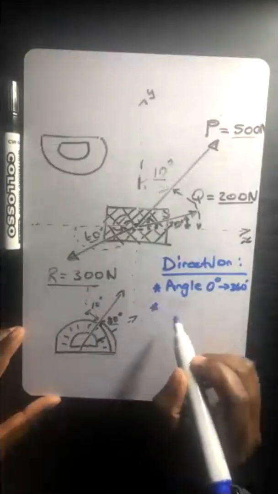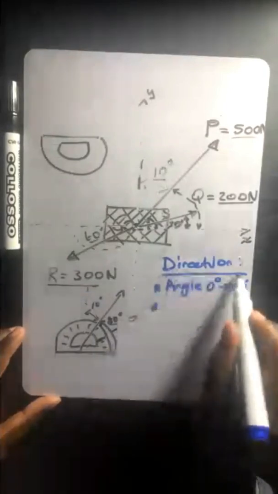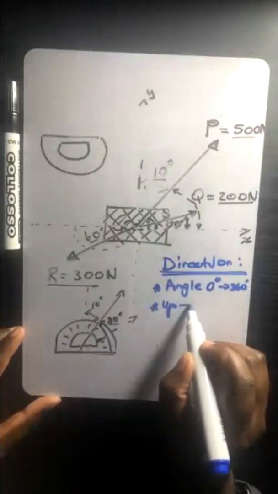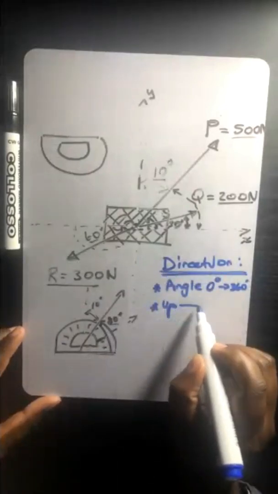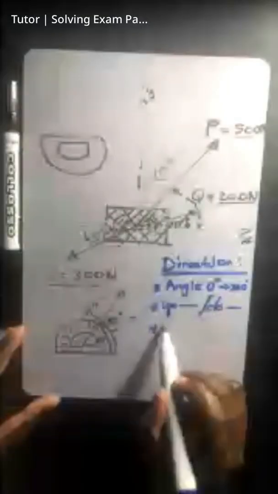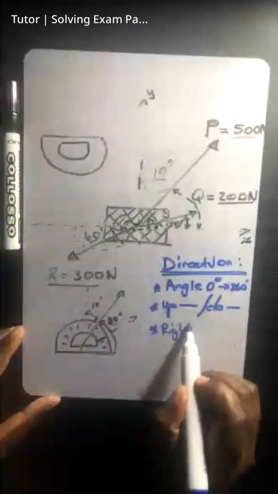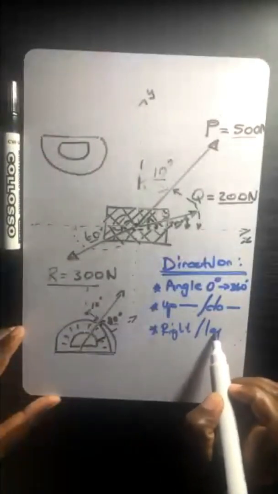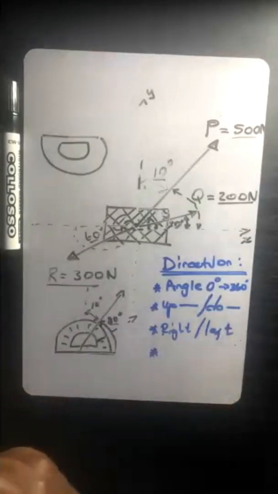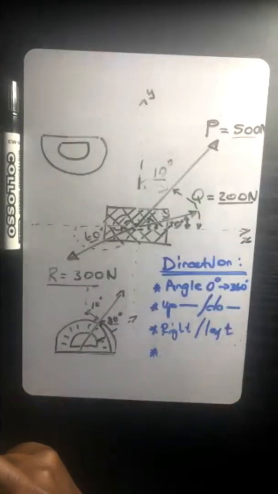And again, the direction can be represented as upwards or downwards. Again, it can be regarded as to the right or to the left.